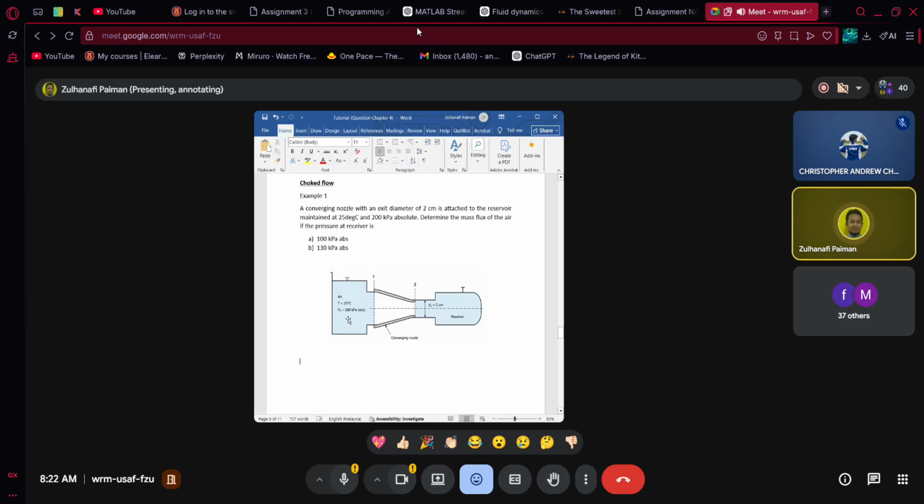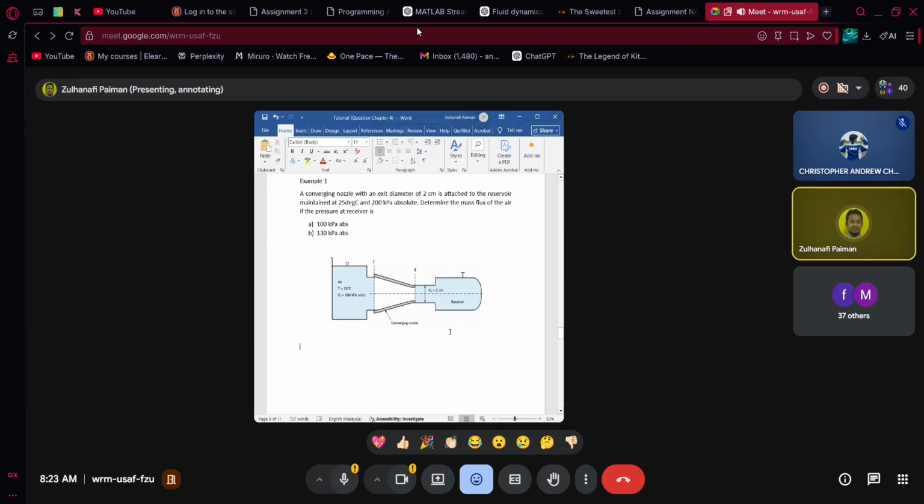Determine the mass flux of the air, m dot, going through this converging nozzle (a) if the pressure at the receiver, the back pressure, is 100 kPa absolute, and (b) if the pressure at the receiver is 130 kPa absolute.